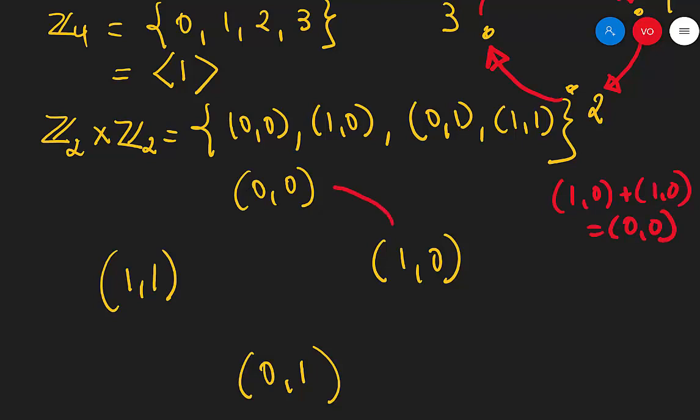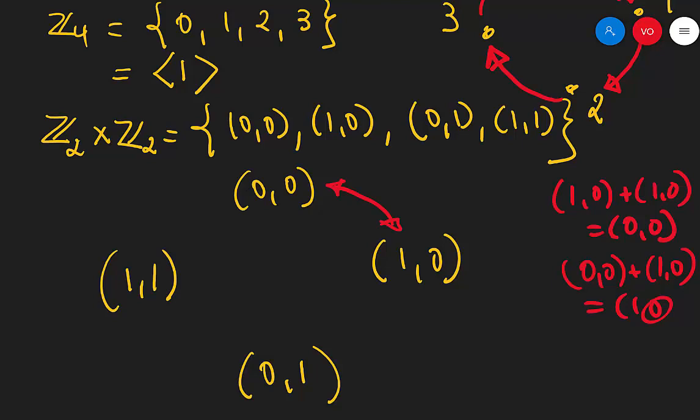So we are here, and then if we take 0,0 and add 1,0, we get 1,0. It keeps doing ping pong essentially between these two elements.